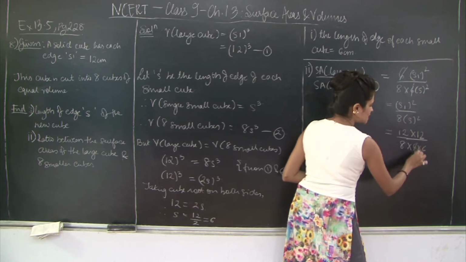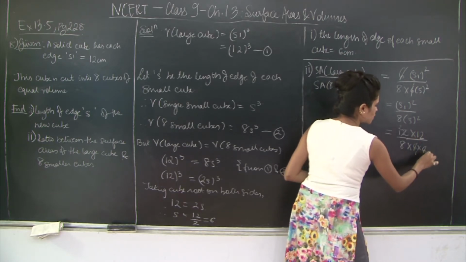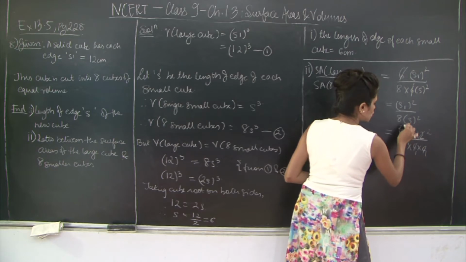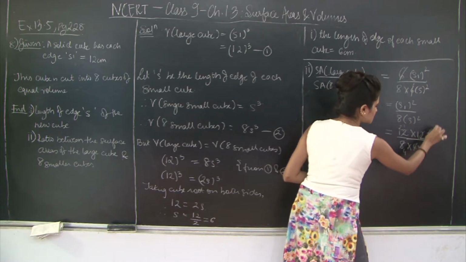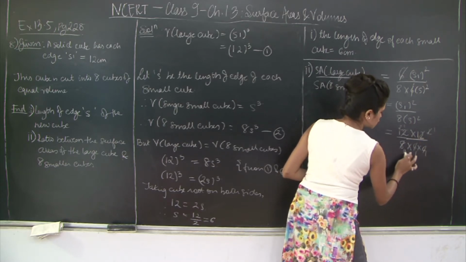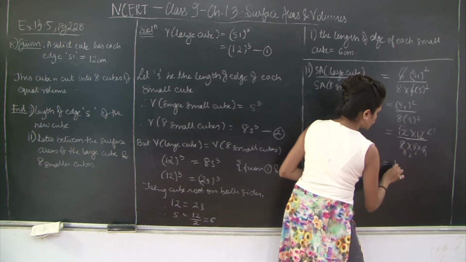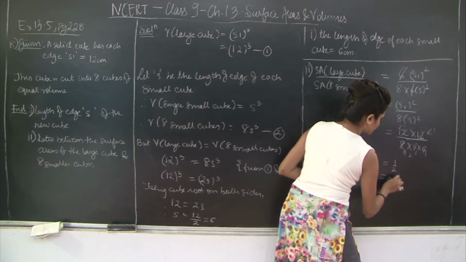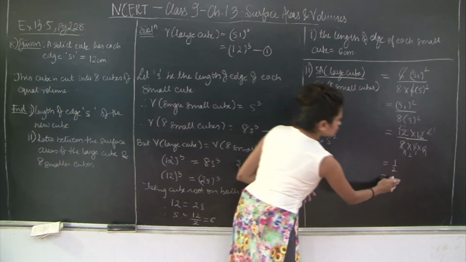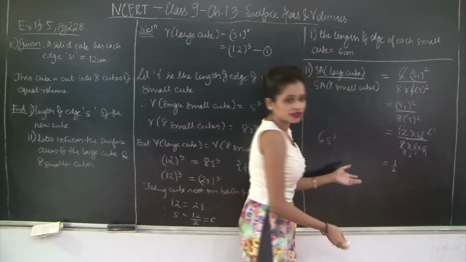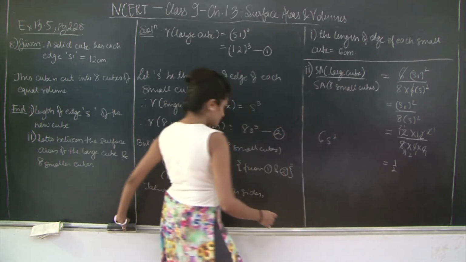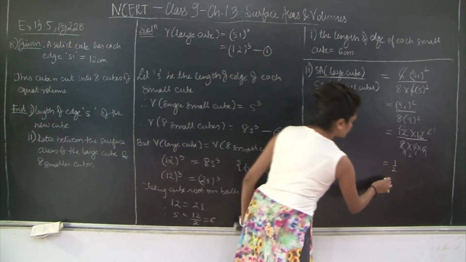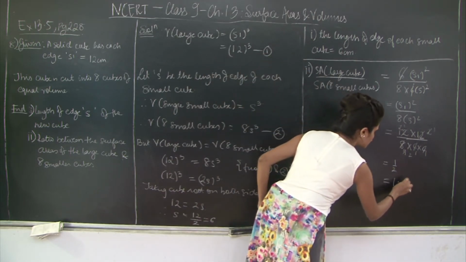Therefore you have 6 ones are 6, 6 twos are 12, 6 ones are 6, 6 twos are 12, 2 ones are 2, 2 fours are 8, 2 ones are 2, 2 twos are 4. So this is 1 upon 2, which is equal to 0.5. So actually this will be 1:2. This is the ratio, right? So I can write this as 1:2.